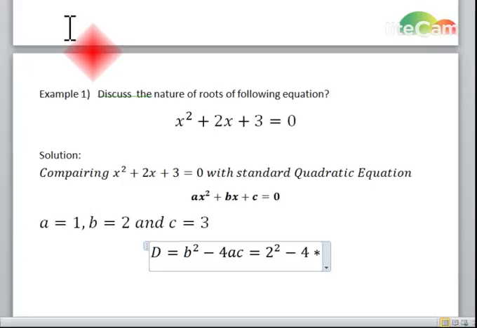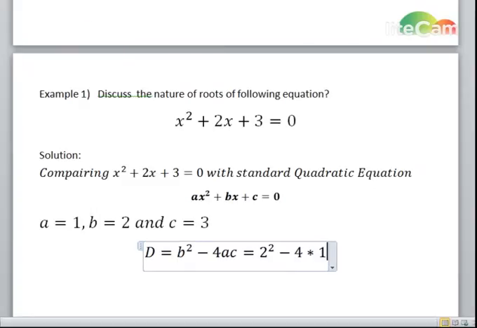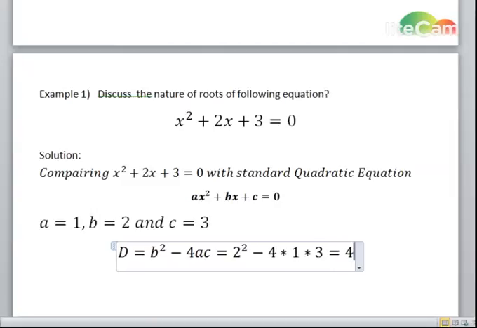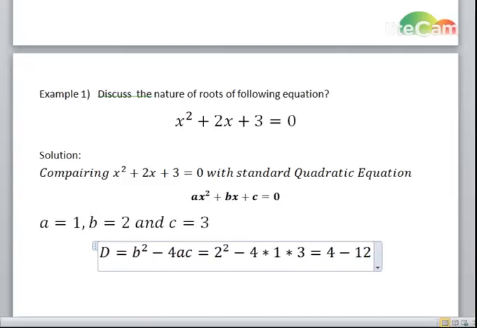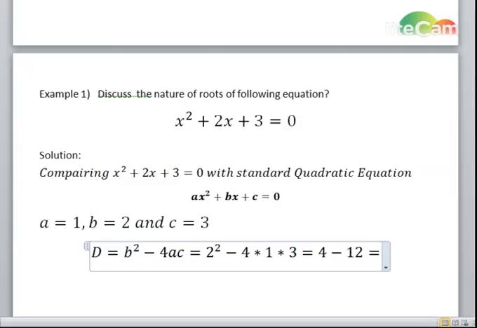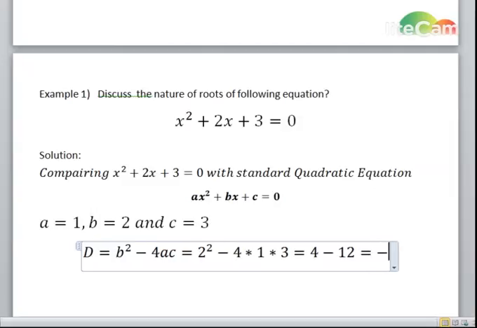Four into 1 into 3, which becomes equal to 4 minus 12, and D comes to minus 8.